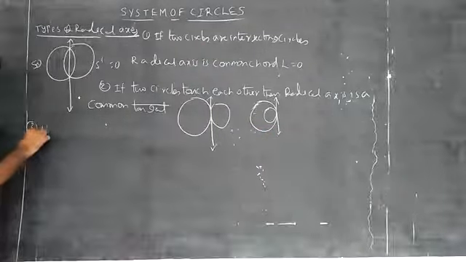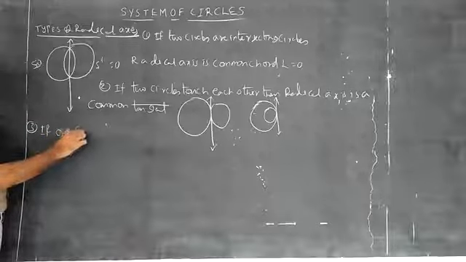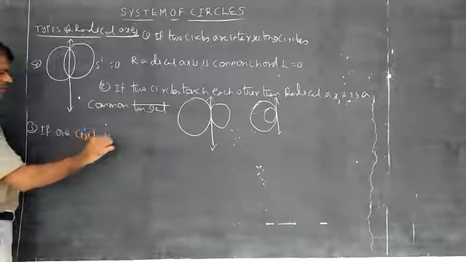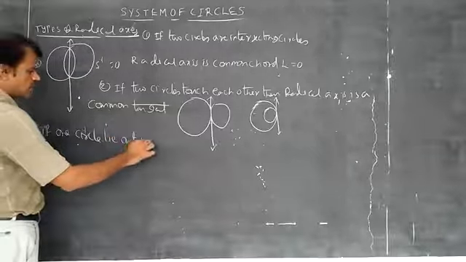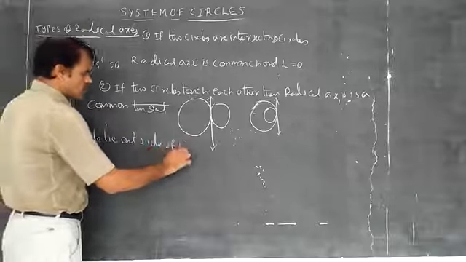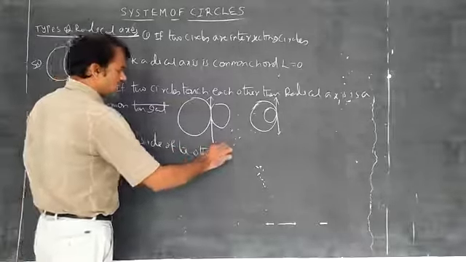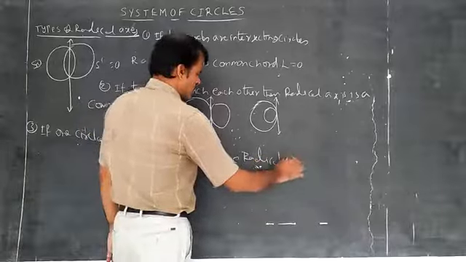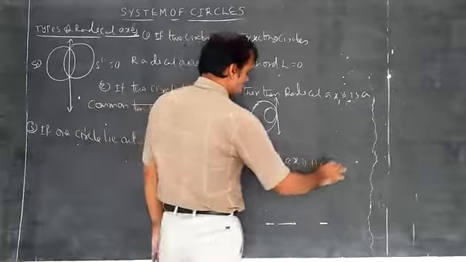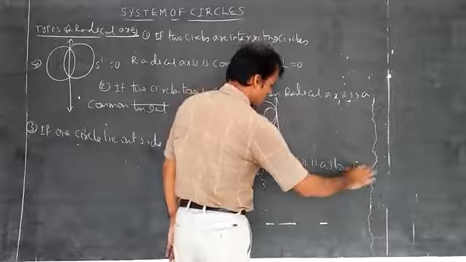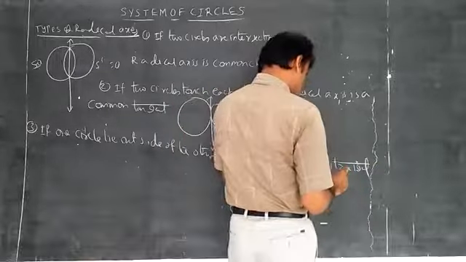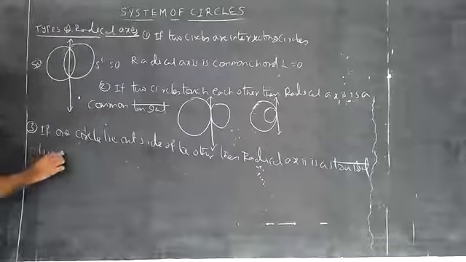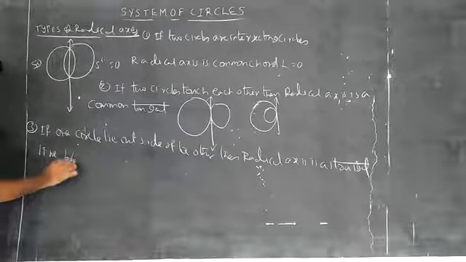Third one, if one circle lies outside of the other, then the radical axis is a straight line between the two circles.